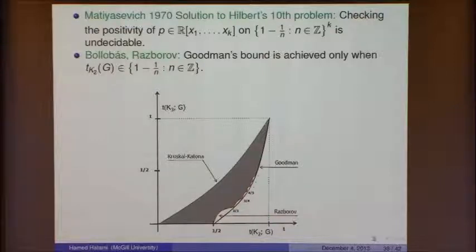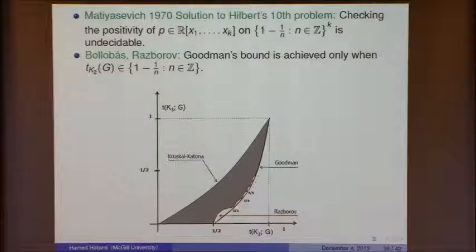And Goodman's bound, which we saw before, says that the triangle density is above this Goodman's bound. So this curve at the bottom was Goodman's result. And the old result of Bollobás says that this Goodman bound is sharp only on points of the following form, 1 minus 1 over n. So these are balanced complete multipartite graphs, which show that Goodman's bound is sharp.